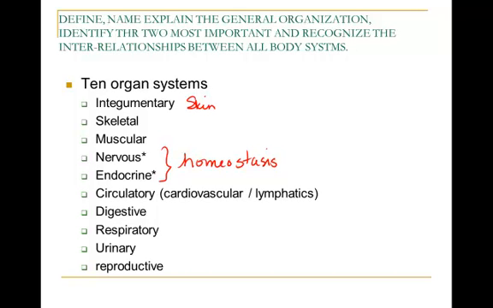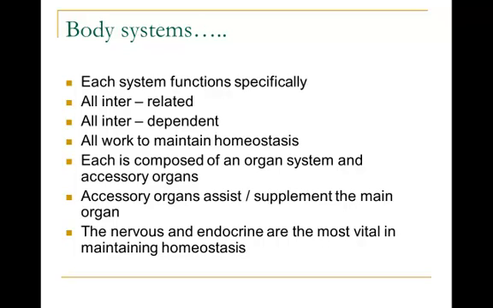Your digestive system, obviously we understand that. Respiratory, how we exchange gases from the environment and get it into our body. Urinary, and of course, reproductive system. Each of these systems, although they're independent, they work specifically.